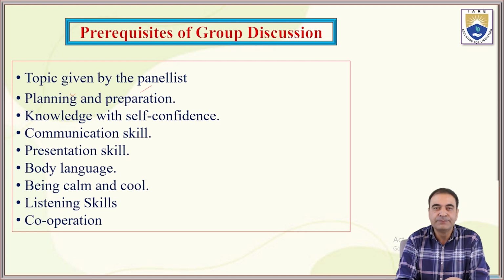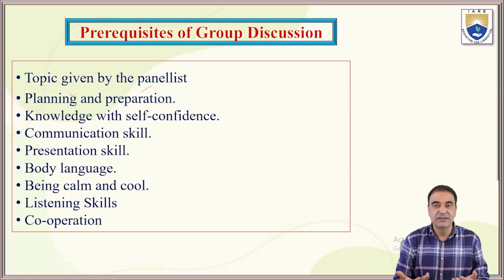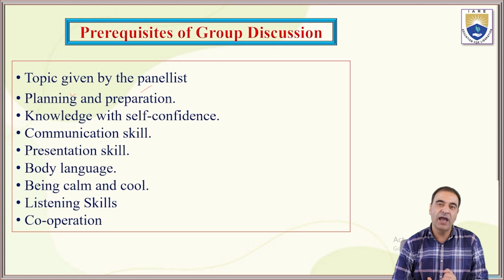For example, we need to collect data on the topic of discussion. We need to collect numbers, data, figures, so that we can give facts or factual information on that particular topic.